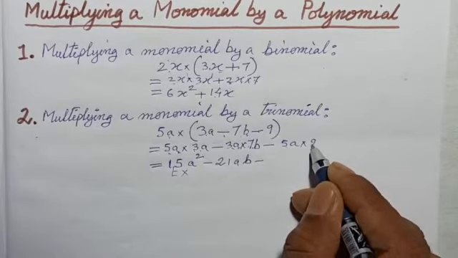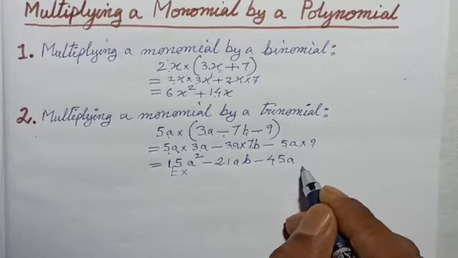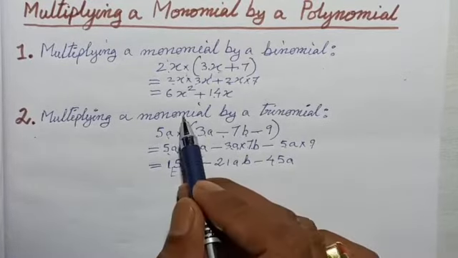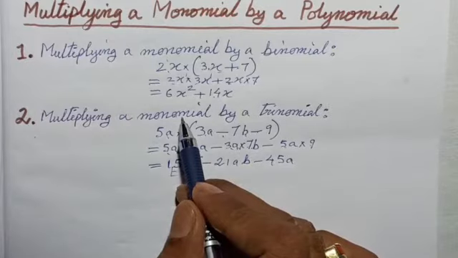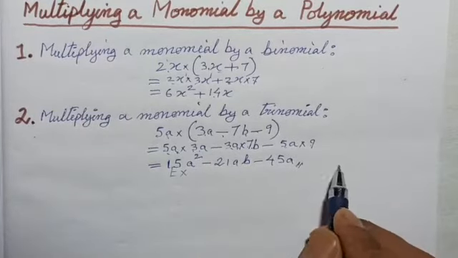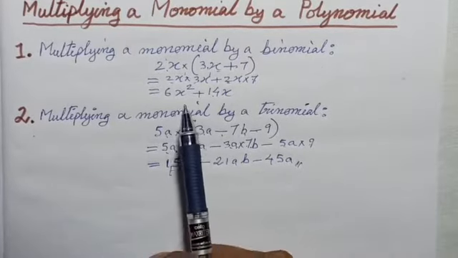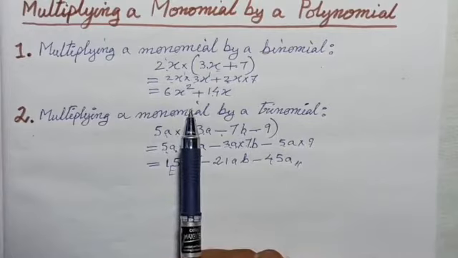Minus sign, 5, 9 times is 45. This is how we have to multiply a monomial by a trinomial. If you can understand this, then we can start exercise 9.3.